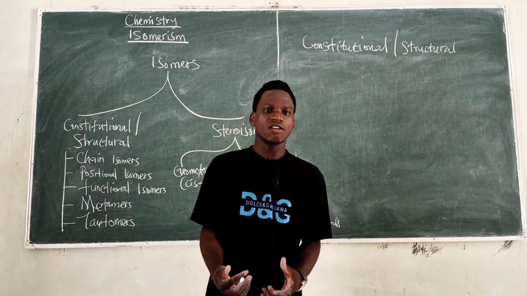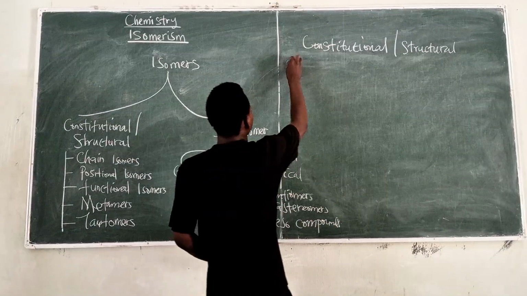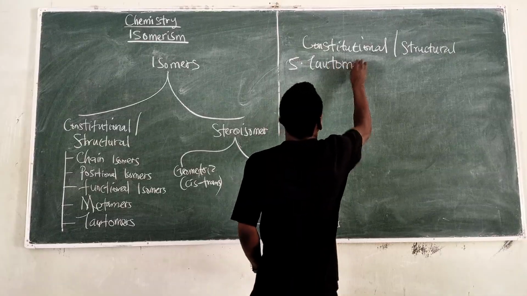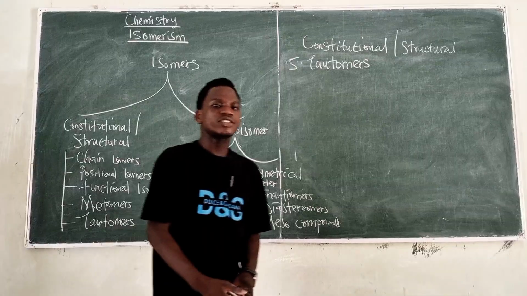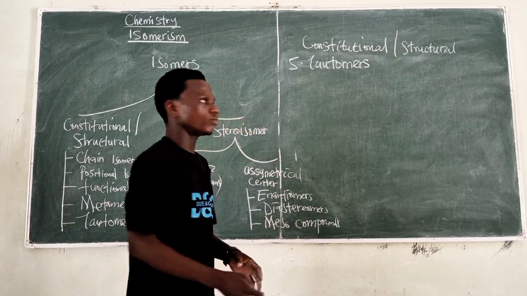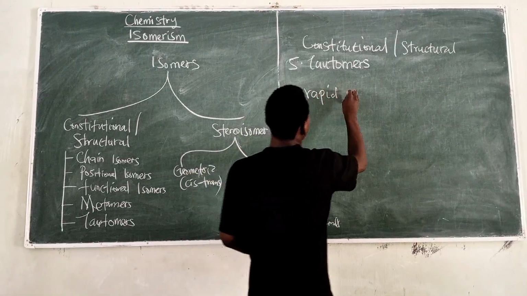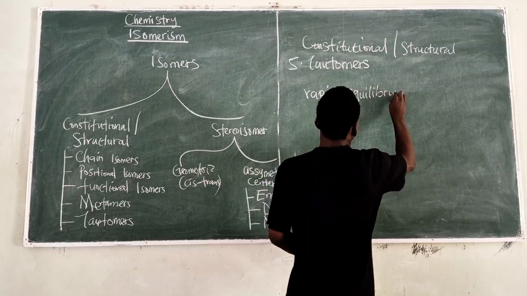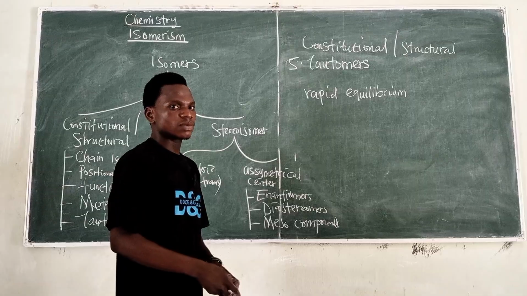So the last type of constitutional isomer that we'll be looking at is tautomers. Organic compounds are said to be tautomers when there exists a rapid equilibrium between two isomers.